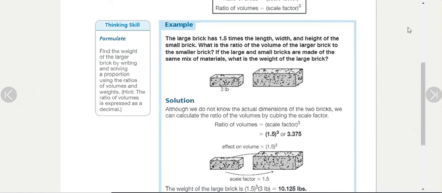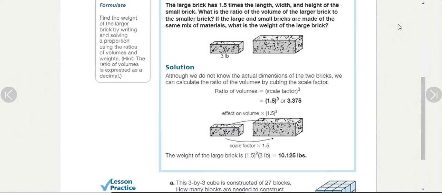For example, if you have a brick that's 3 pounds, and you get 1.5 times bigger with a side length, and all of them lengthen by that same factor, what's the ratio of the volume of the large to the small? If the large and small bricks are made of the same mix of materials, what's the weight of the large brick? Well, let's start with scale factor here.